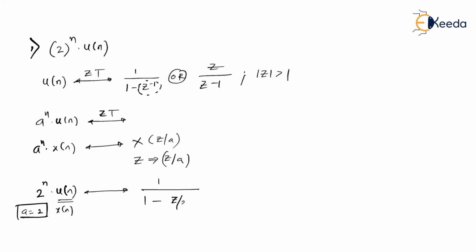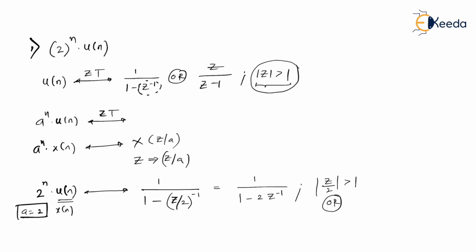Then I would say it is z by 2 inverse, or I can write this as 1 upon 1 minus 2z inverse. Am I right? Similarly, the ROC was mod of z greater than 1, but every time we have to replace z with z by a, and the value of a is 2, then I would say mod of z by 2 is greater than 1, and now you can shift 2 there and you can say mod of z greater than 2.